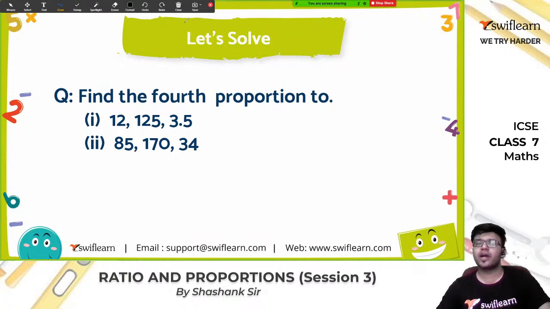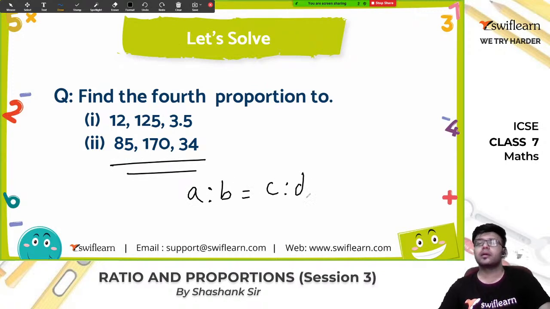Okay, now let us find the fourth proportion of this. So A by B is equal to C by D. If the numbers are like this, they are said to be in fourth proportion.